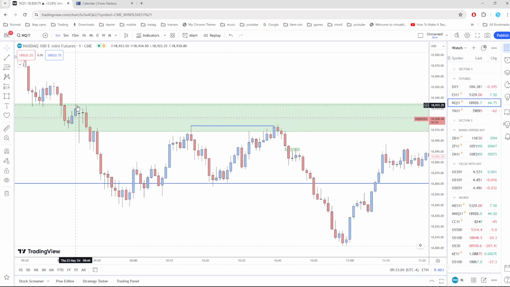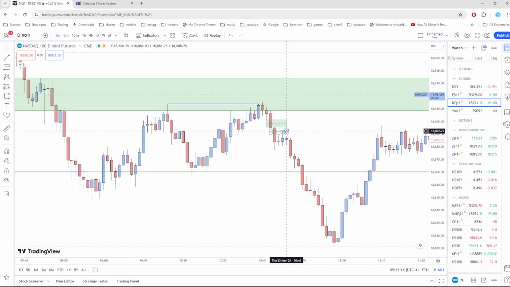Take it again above this high. See how we're sitting inside of that fair value gap. See those two candles right there? Order block. Notice that we also have another fair value gap over here, just like in the 2022 mentorship, which aligns. Okay, see that?